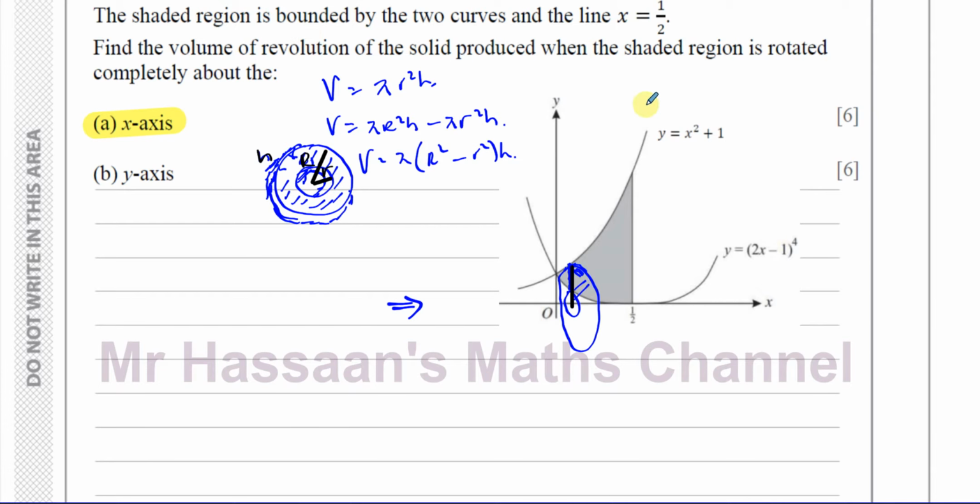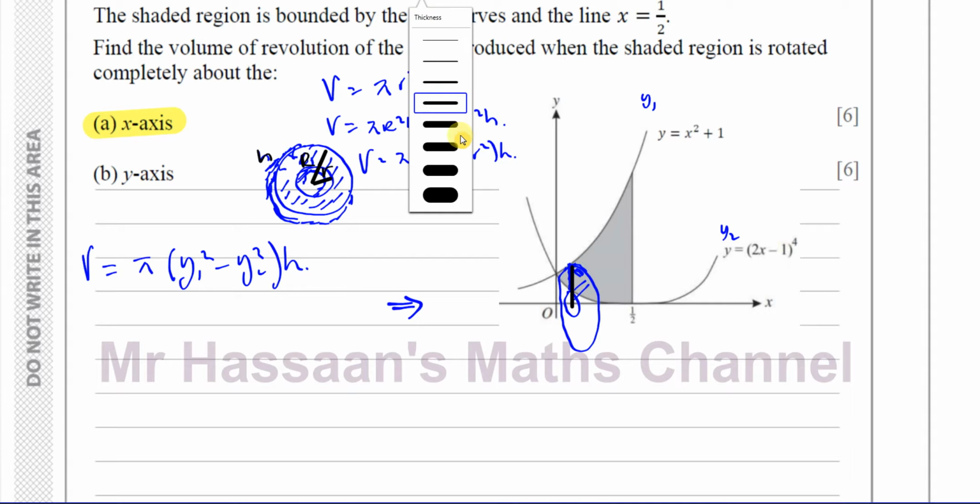If we call these y1 and y2, then the volume of our shape, when you revolve it around the x-axis, is pi times (y1 squared minus y2 squared) times h. And h is the thickness, which is a little amount along the x-axis, which we call dx. So h is actually dx.